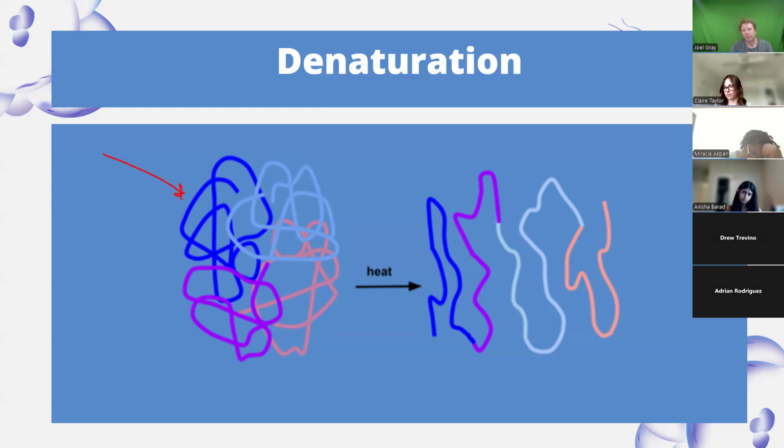Now, to put that into perspective, this is a single polypeptide right here. That single polypeptide is going to be stabilized by hydrophobic interactions, hydrogen bonds, ionic interactions, dipole-dipole. So there's any number of interactions that are going to take place there.